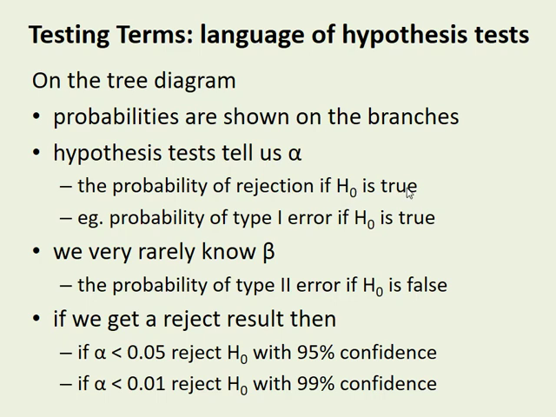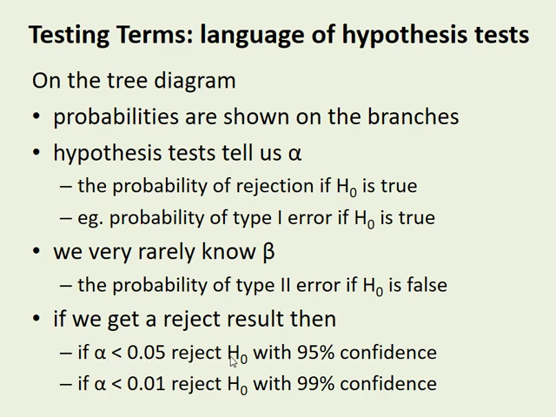And in the technical jargon, we say that if we get a reject result with the probability alpha of less than 0.05, we say we reject H0 with 95% confidence. If alpha is less than 0.01, 1%, we say we reject H0 with 99% confidence. And we'll get loads and loads of examples of this in the lectures and workshops and the lab.